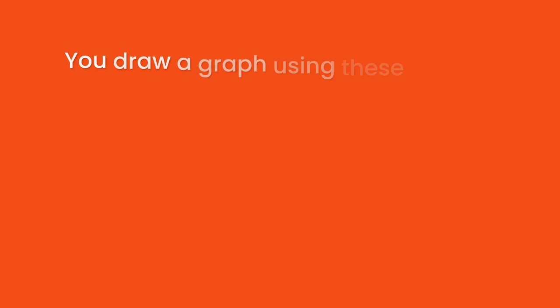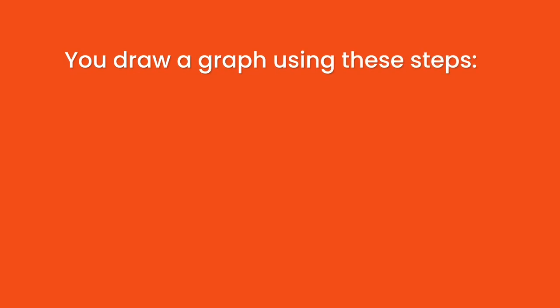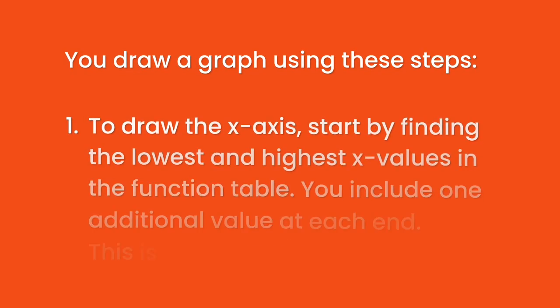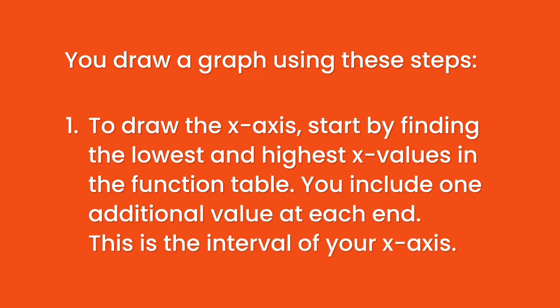You draw a graph using these steps. 1. To draw the x-axis, start by finding the lowest and highest x values in the function table. You include one additional value at each end. This is the interval of your x-axis. 2.